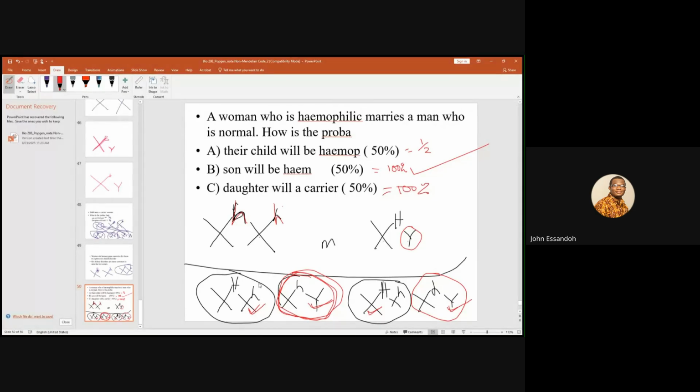My maternal uncle is slightly bald, which means that he picked it from our grandmom. Our maternal grandmom was having the allele, and then passed it on to mom.